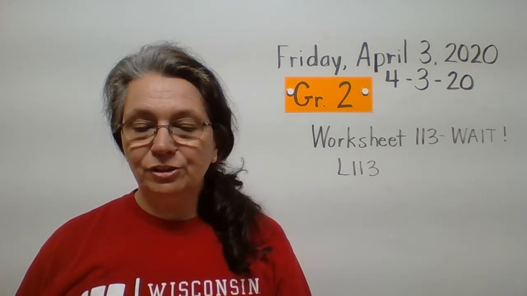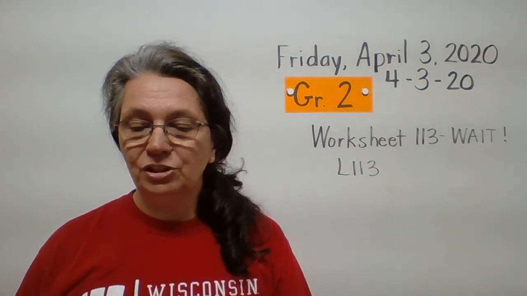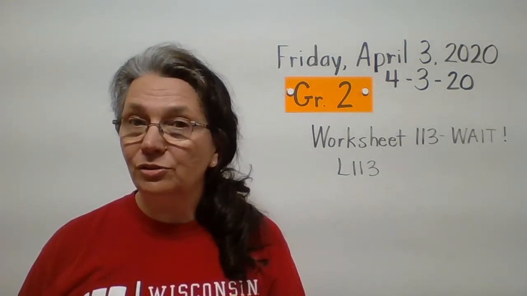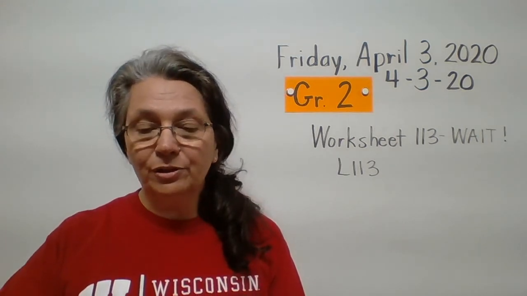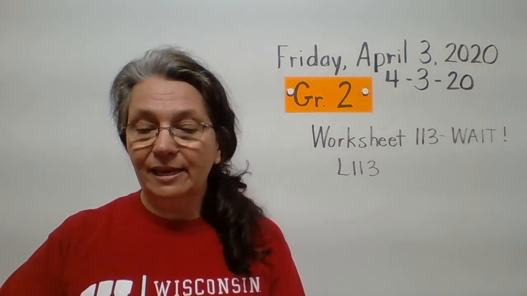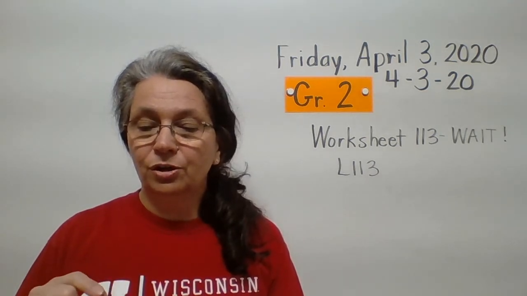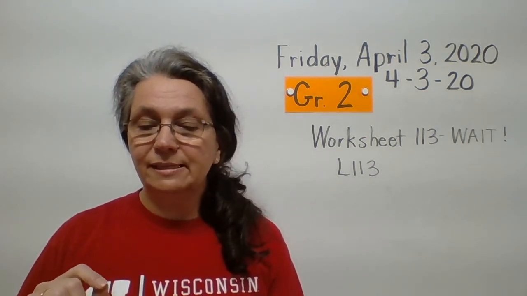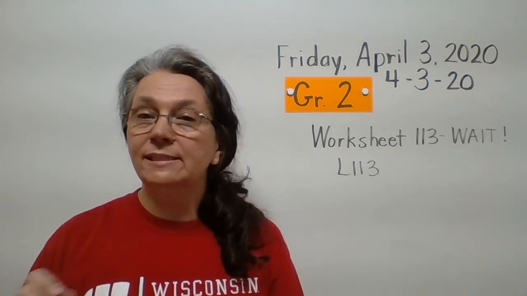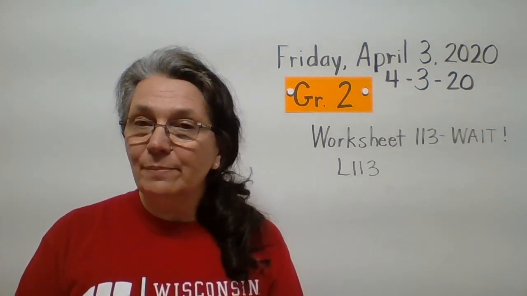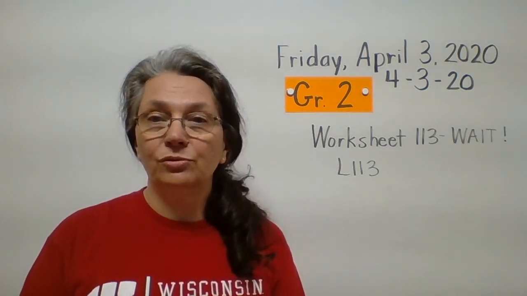Color the graph to show how many children chose each type. I'd like to work through this with you. Notice for bananas, it says 8. Do you see the numbers down on the bottom? Do you see how they count 0, 2, 4, 6, 8, 10, 12, 14, 16? This is an example of a graph counting by twos, okay?